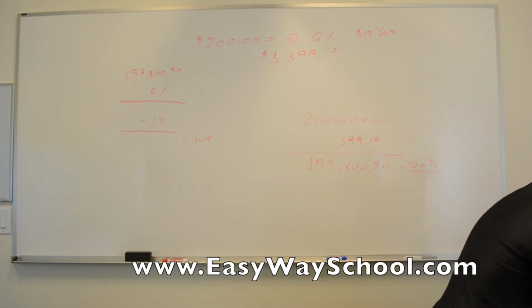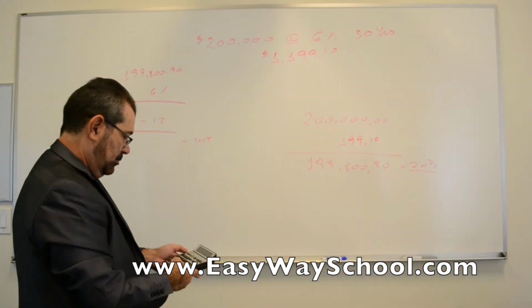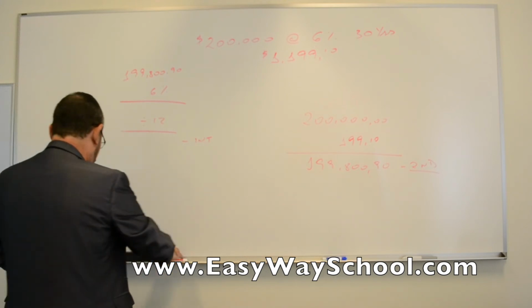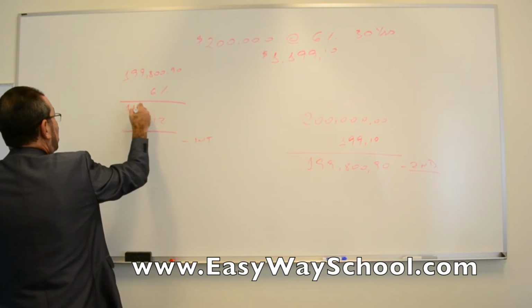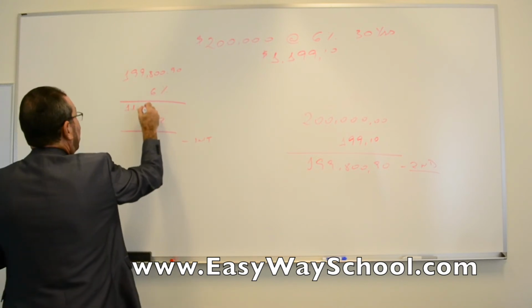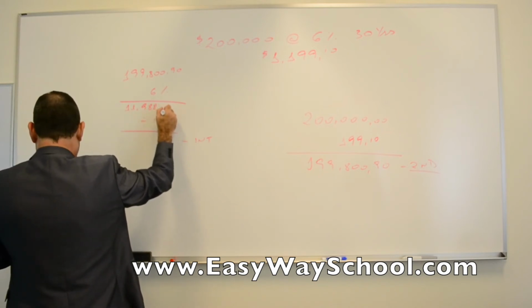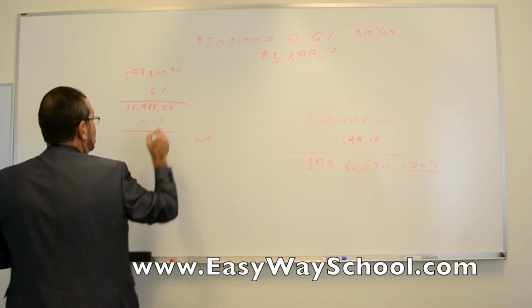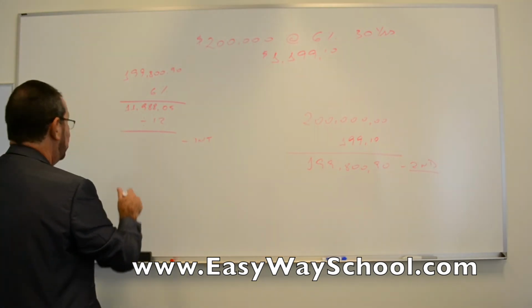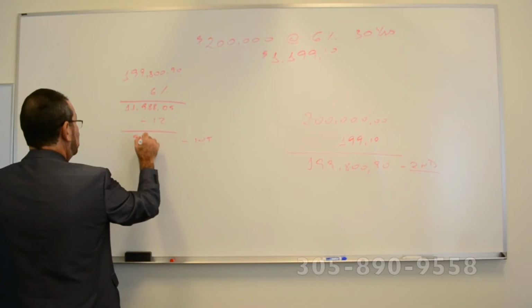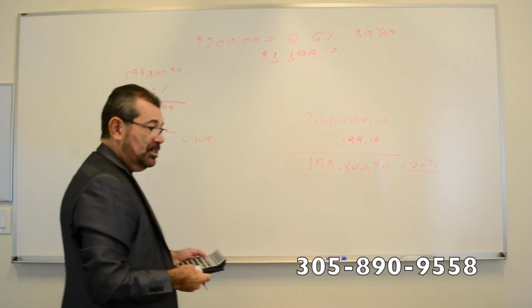I will multiply by 6%, and I will get 11,988.05. Now I will divide that by 12, and I will get 999.00.